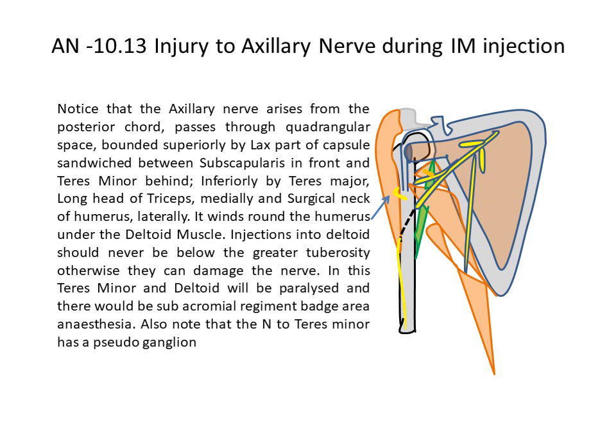It winds round the humerus under the deltoid muscle. Injection into the deltoid should never be below the greater tuberosity, otherwise they can damage the nerve. In case the nerve is damaged, the teres minor and deltoid will be paralyzed, and there would be regimental badge area anesthesia. Also note that the nerve to teres minor has a pseudoganglion.